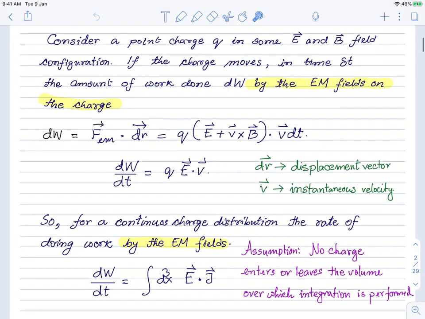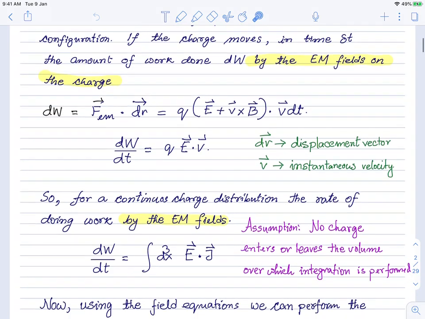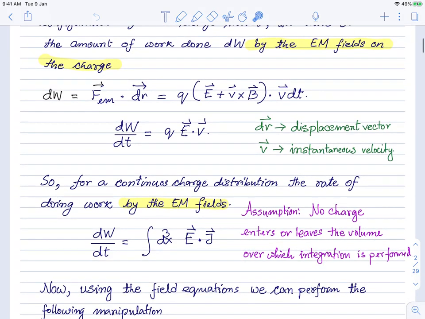Now if we take this step, we can convert this work done for a point charge into the work done for a local charge density. So basically, we convert this rate of work done into the rate of work done per unit volume, and then integrate over a given volume which contains these charge densities. If I convert this q into a charge density, then charge density times velocity gives me the current.